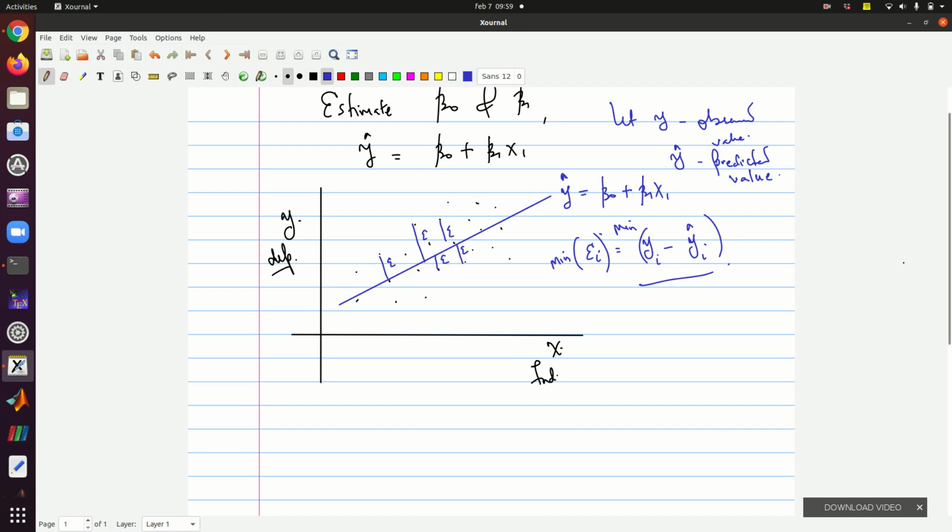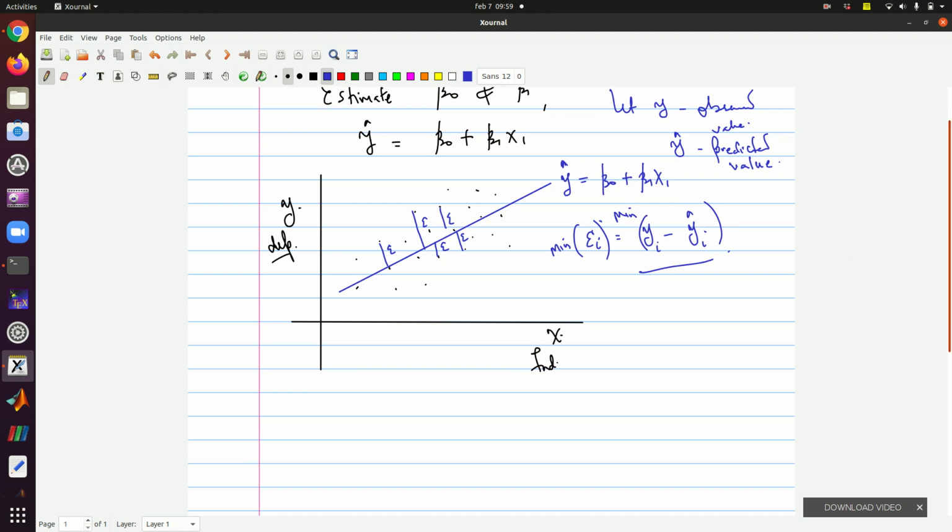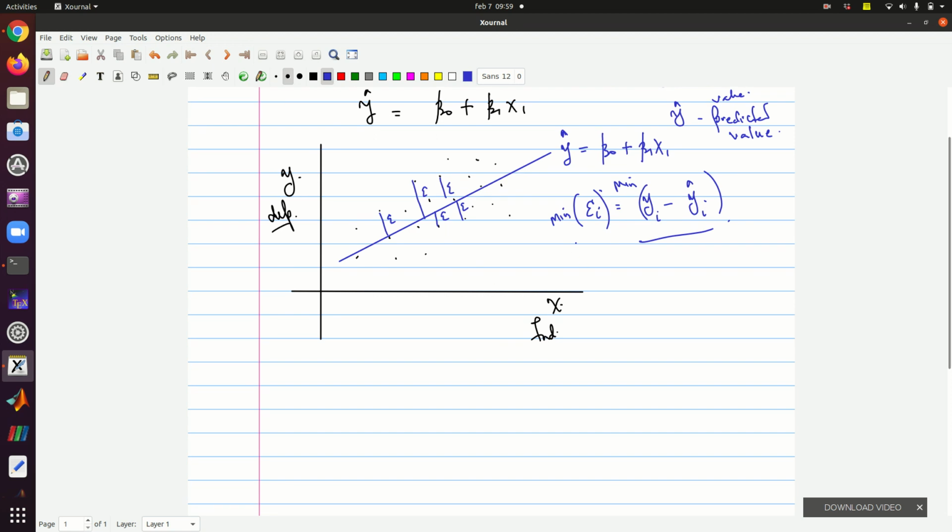In what we call the least squares method, we shall minimize the sum of the squared residuals. The reason why we are going to square all these terms is to get rid of the negatives.